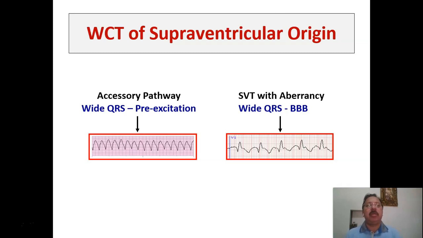So two main mechanisms of wide complex tachycardia of supraventricular origin are accessory pathway or pre-excitation syndromes, or the aberrancy as with the bundle branch blocks, aberrant conduction.